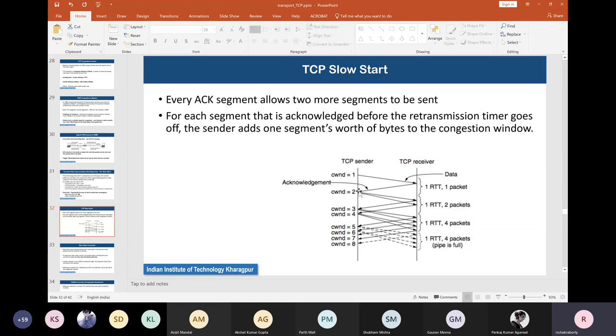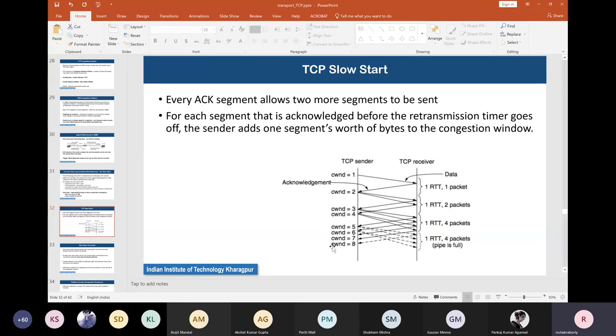When that happens, CWND is immediately increased to 2 and it sends out 2 packets. Within another RTT, these 2 come back. For each acknowledgement that comes back, it increases CWND by 1. Because 2 acknowledgements have come back, CWND increases from 2 to 4. Then it sends out 4 packets.